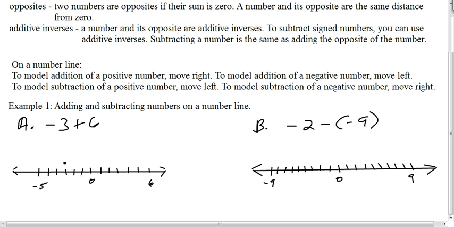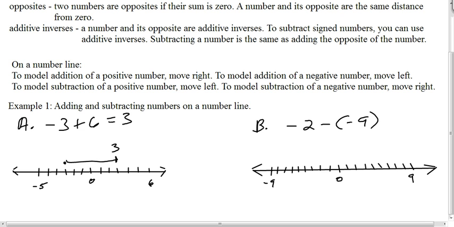Now it says you want to add 6. Adding a positive number, you go right. So you come back 1, 2, 3, 4, 5, 6 units. Now, where are you? Look at your 0. You are at positive 3. So -3 plus 6 is a positive 3.